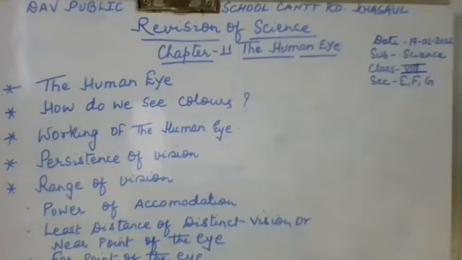At this point, it is insensitive to light, so it is known as the blind spot. Yes, it is insensitive. Children, I have also told you that if you have sufficient matter, you can elaborate your answer according to the marks mentioned.